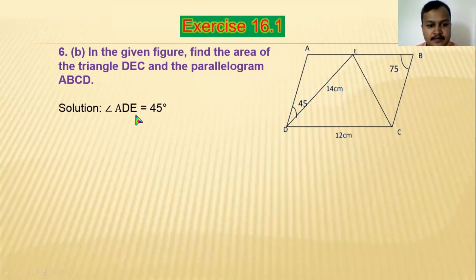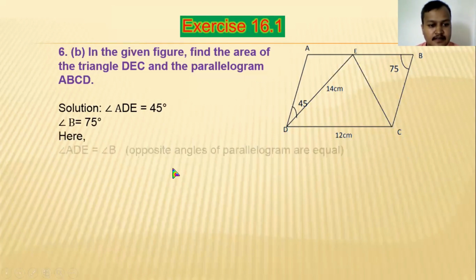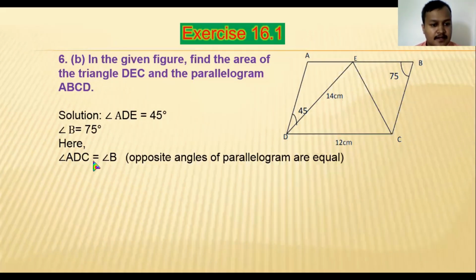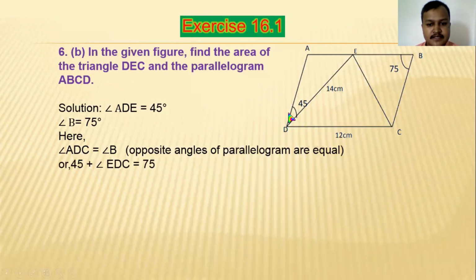So in its solution, I have written angle ADE is equal to 45 degrees, which is given in the question. Angle B is 75 degrees, and here we can say that angle ADC is equal to angle B. The reason is that opposite angles of a parallelogram are equal. Angle ADC contains two angles, 45 degrees and angle EDC.